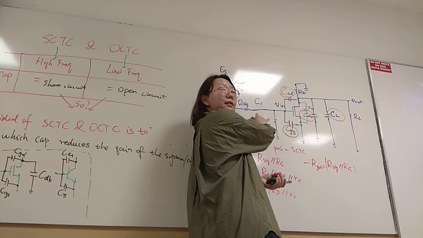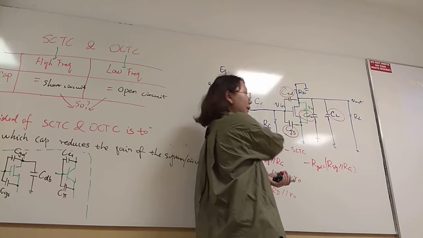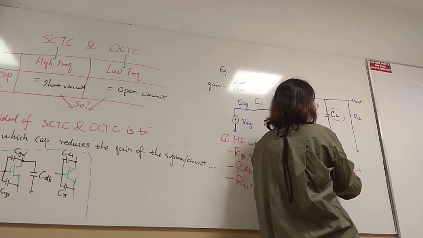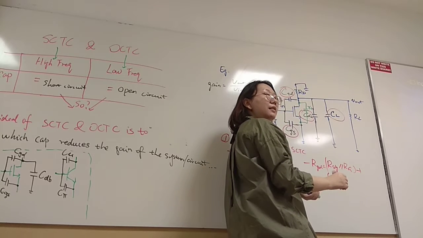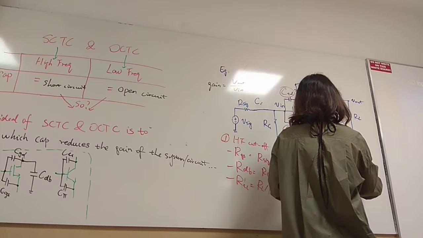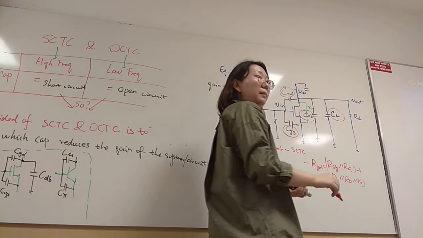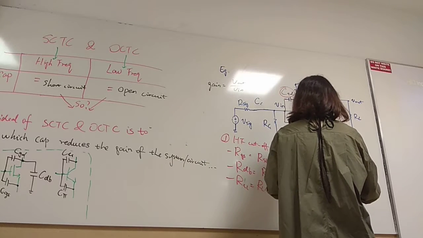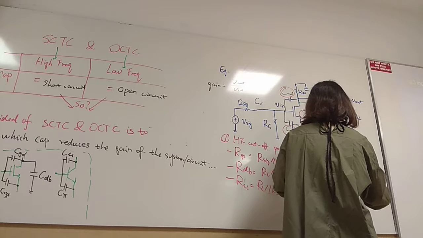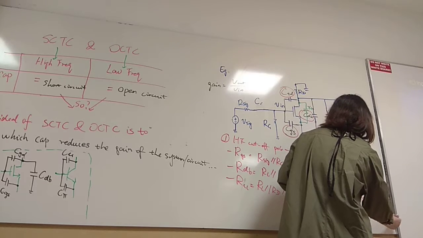These two are at the input side, so we consider them as the input side resistor. The output side resistor is RD parallel with R naught parallel with RL. So it's basically gm times R signal parallel with RG times RL parallel with RD parallel with R naught.